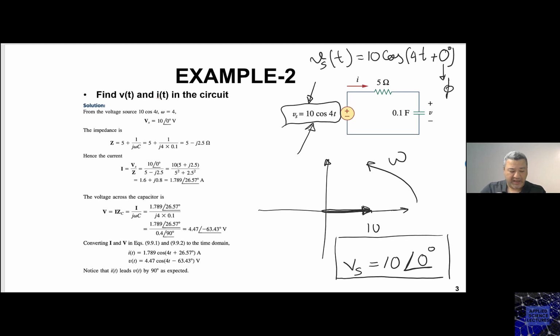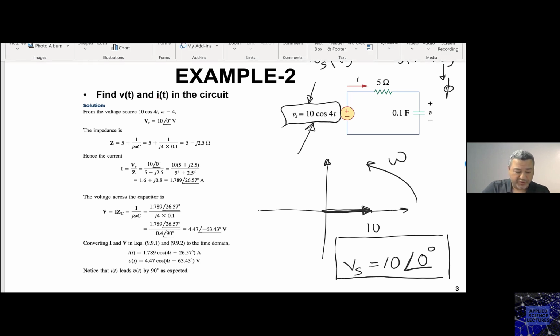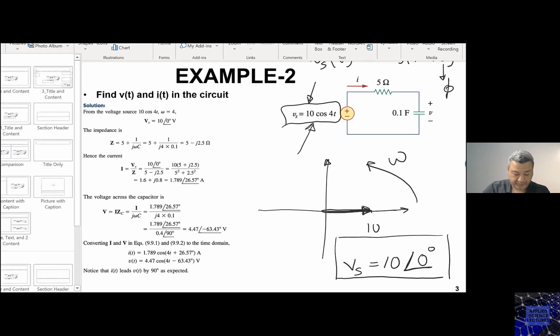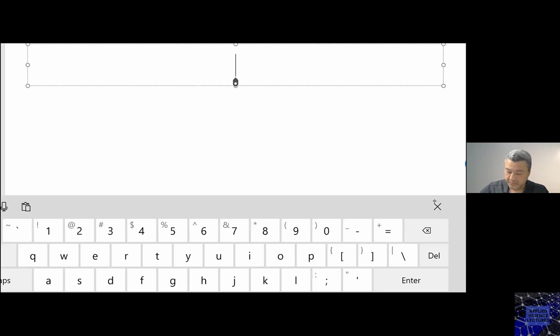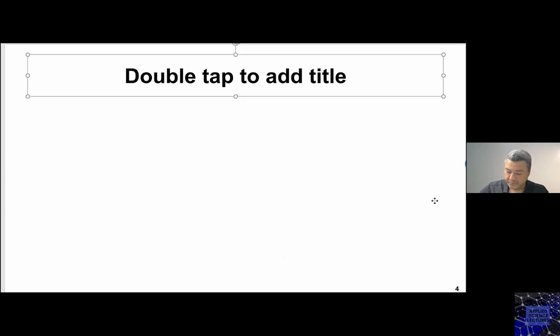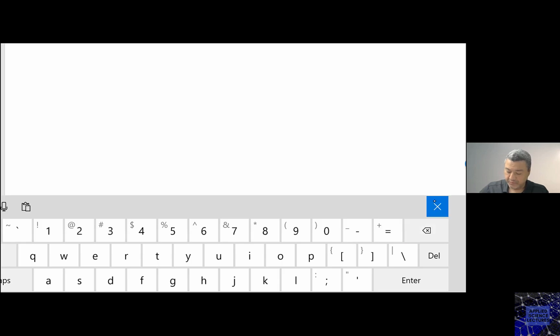And not just that, we also need to know that those components that I'm calling capacitors and inductors are frequency dependent components.